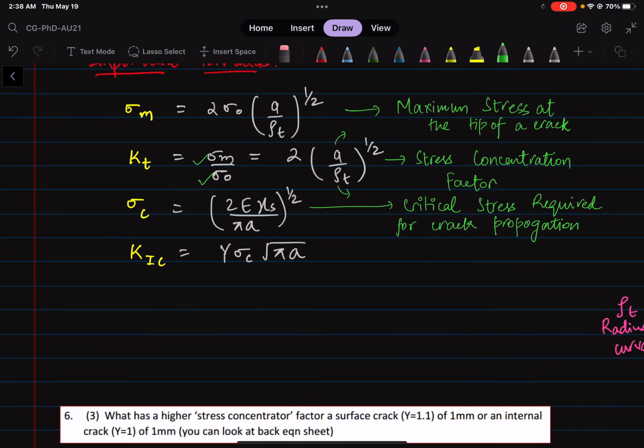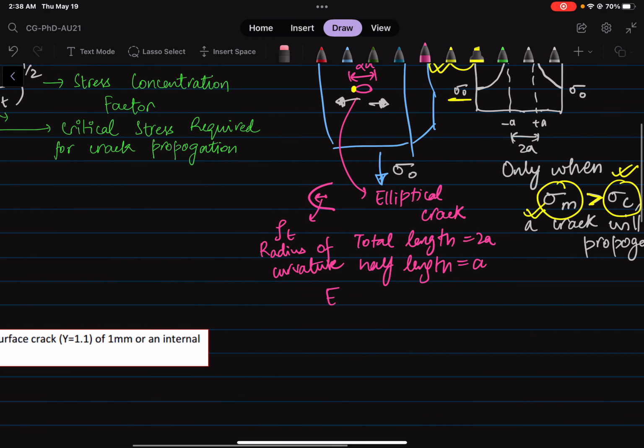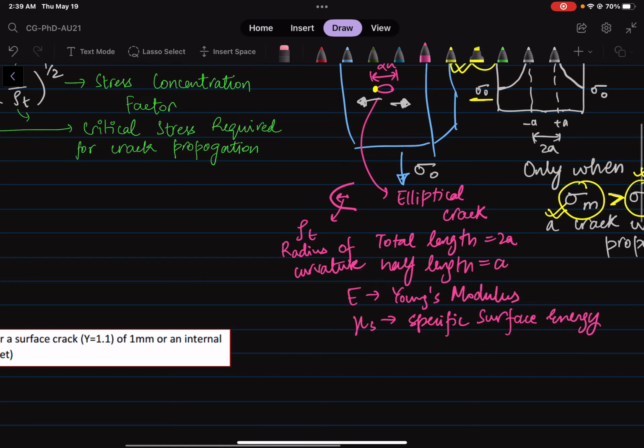Here the E refers to the Young's modulus, and the gamma S refers to the specific surface energy, right?